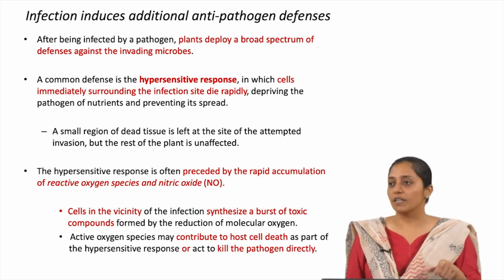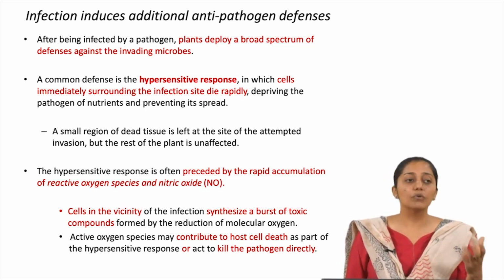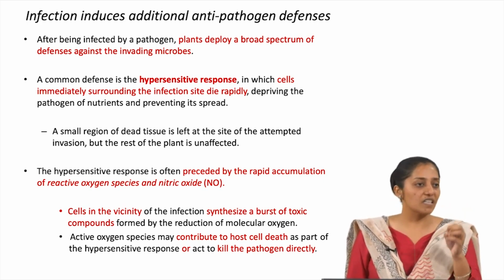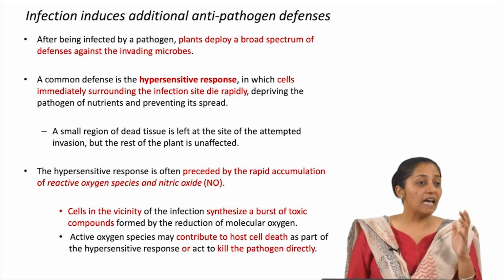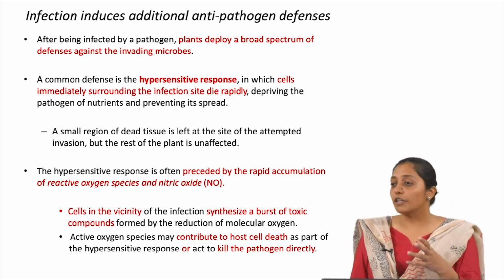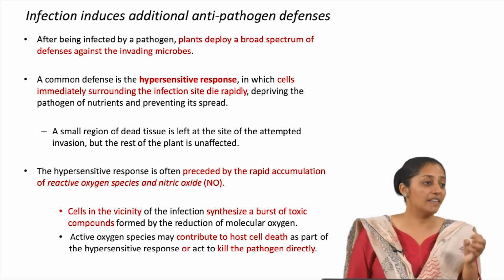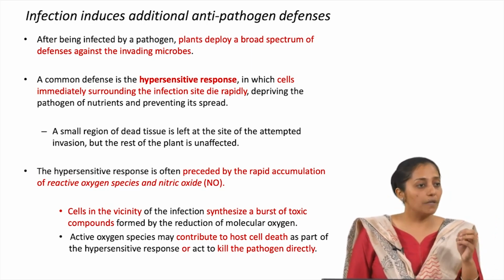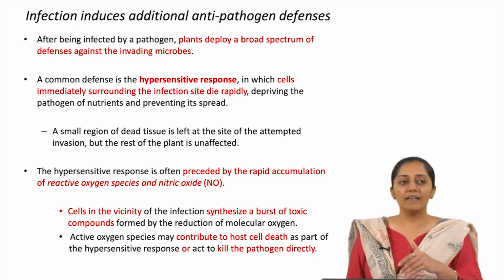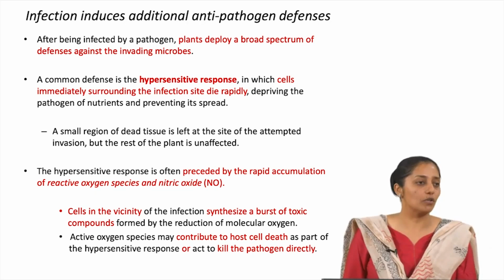So, near the wounding site, these cells die. And how do they die? As soon as the attack happens, there is a surge of toxic gases like nitric oxide, or there will be a higher accumulation of oxygen radicals, reactive oxygen species, which will cause the death of the cells and may in turn also directly damage the pathogen.